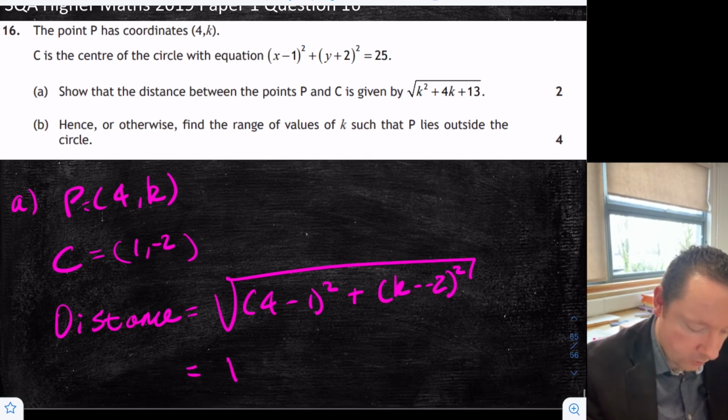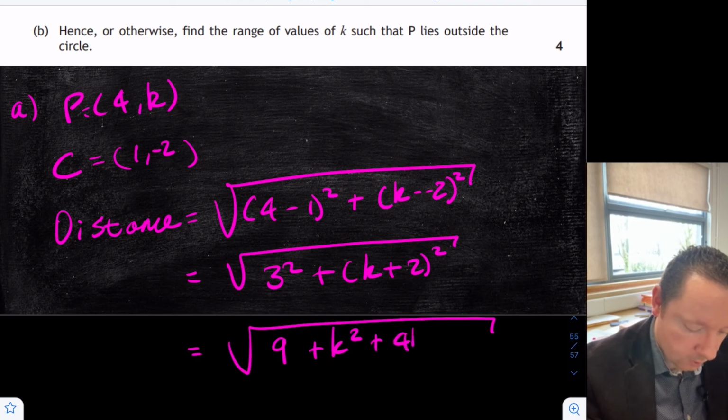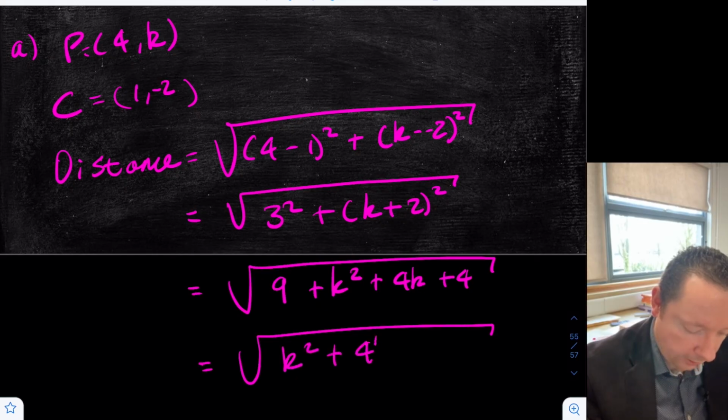Tidying that up, we get the square root of 3 squared plus (k plus 2) squared. That equals the square root of 9 plus k squared plus 4k plus 4, which equals the square root of k squared plus 4k plus 13 as required.